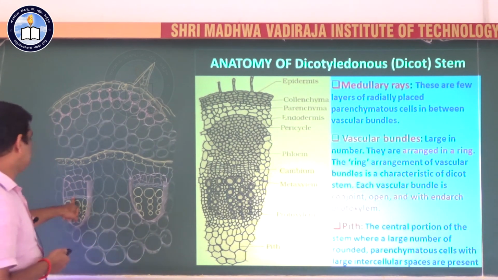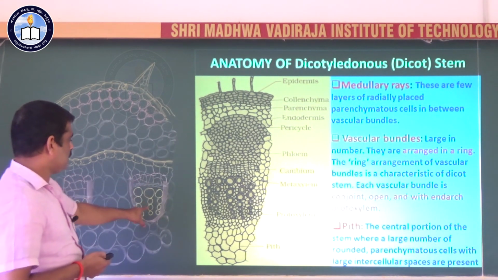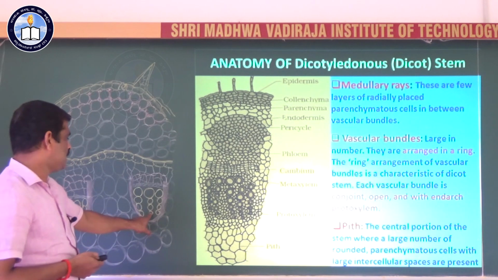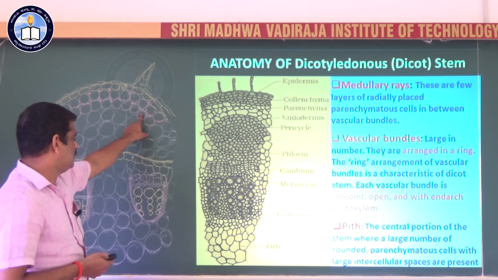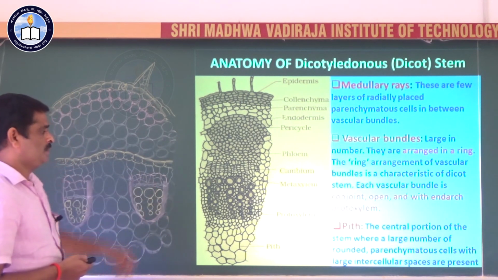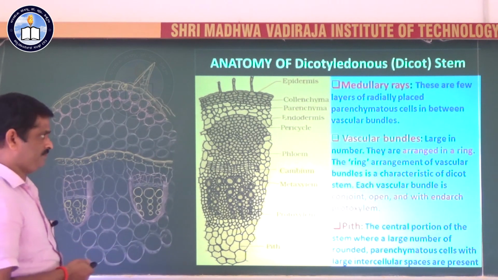The vascular bundle is described as conjoint, open and endarch. Protoxylem faces the center, metaxylem toward the periphery. So pith is the central part of the dicot stem.